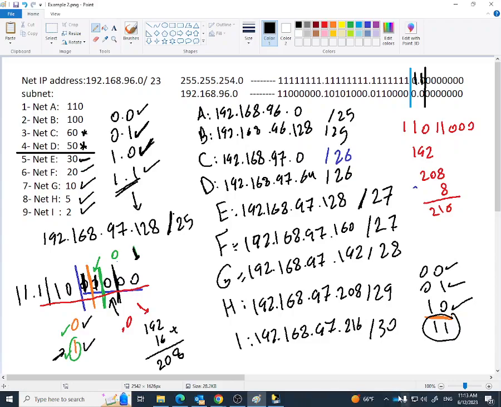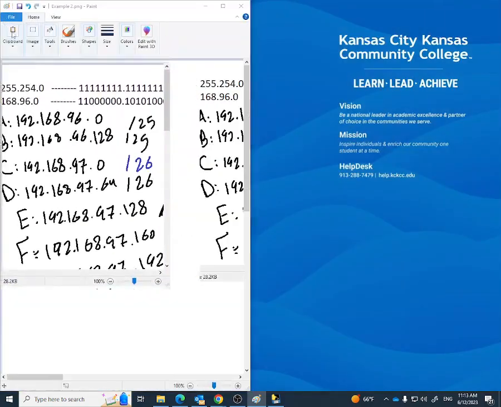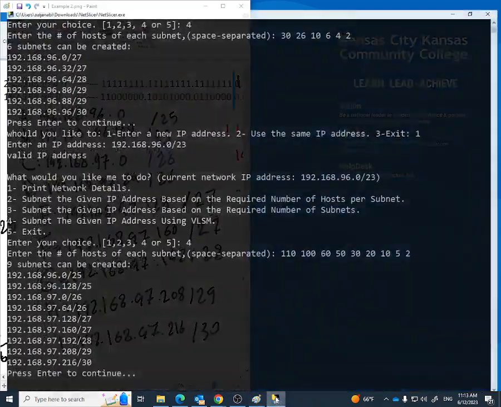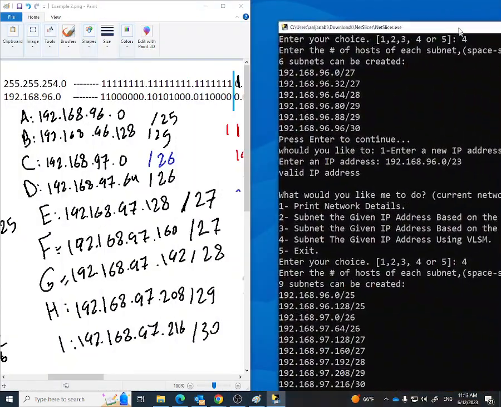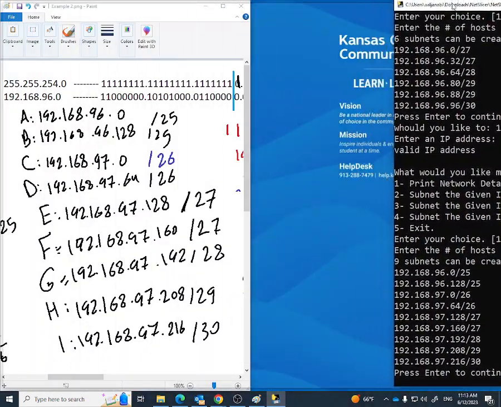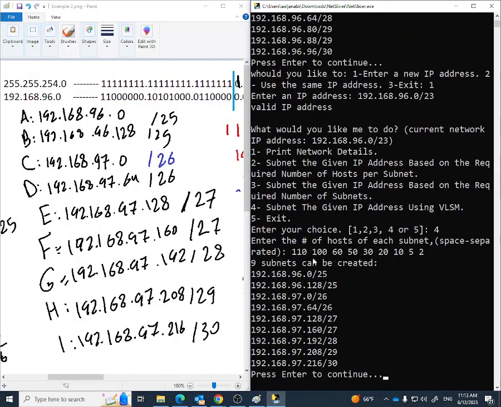Now, at this point, I am going to go ahead and try to verify that I got the answer correctly, which I already tried on this. Wait a minute. Let me just drag it. Here it is. So let's go ahead and compare it. This is 96.0, 96, 128, 25, and then 97, 26, 97, 64, 26, and then 97, wait a minute.